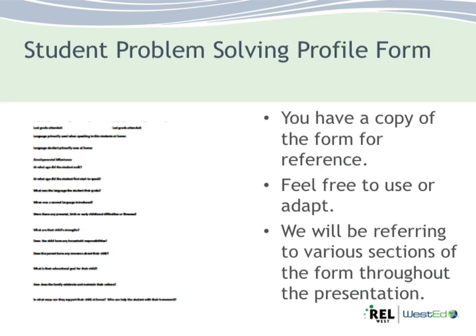And if it is a student problem, then what's all the important information that we need in order to provide the most appropriate instruction and intervention. So we'll be referring to this form along the way.